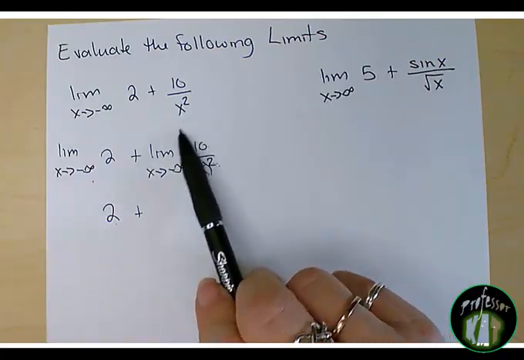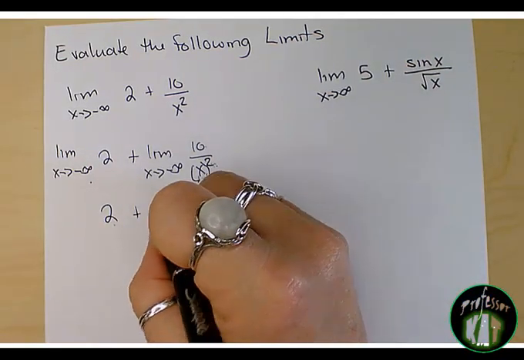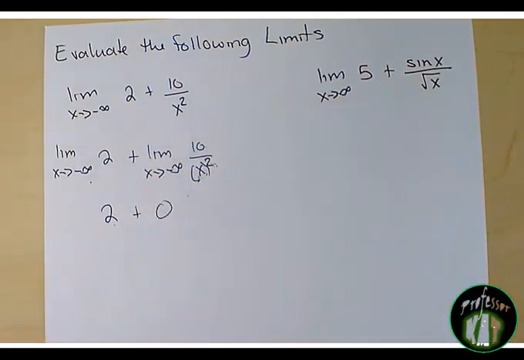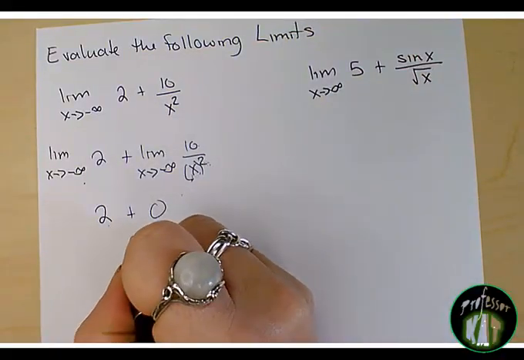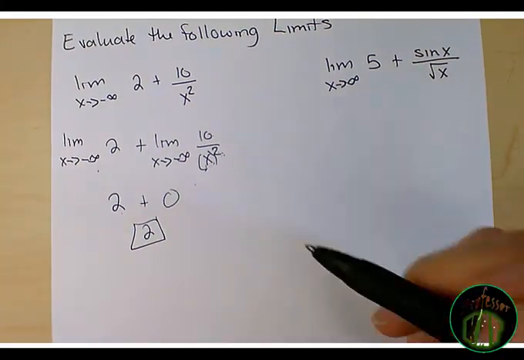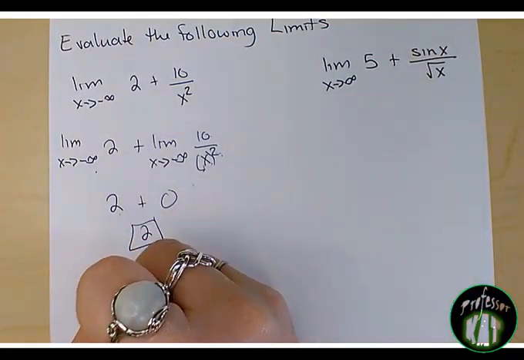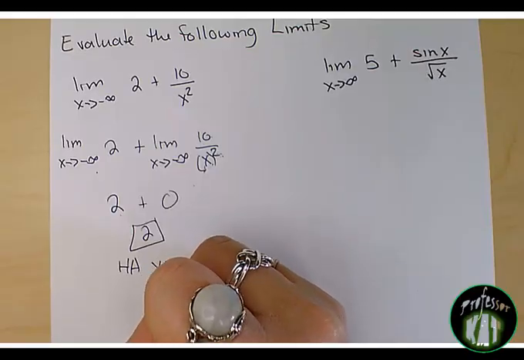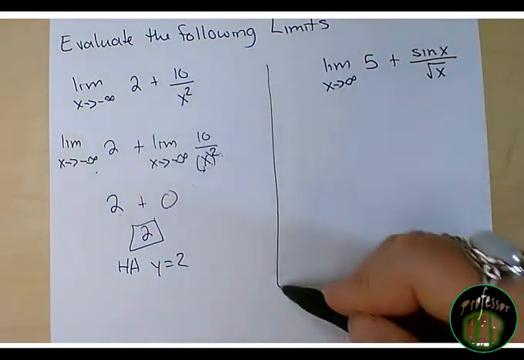So this is going to be positive heading towards 0. So we can claim that the limit of this is 0, which means the limit of our whole function, 2 plus 0, is 2. By definition, that also tells us that we have a horizontal asymptote at y equals 2.